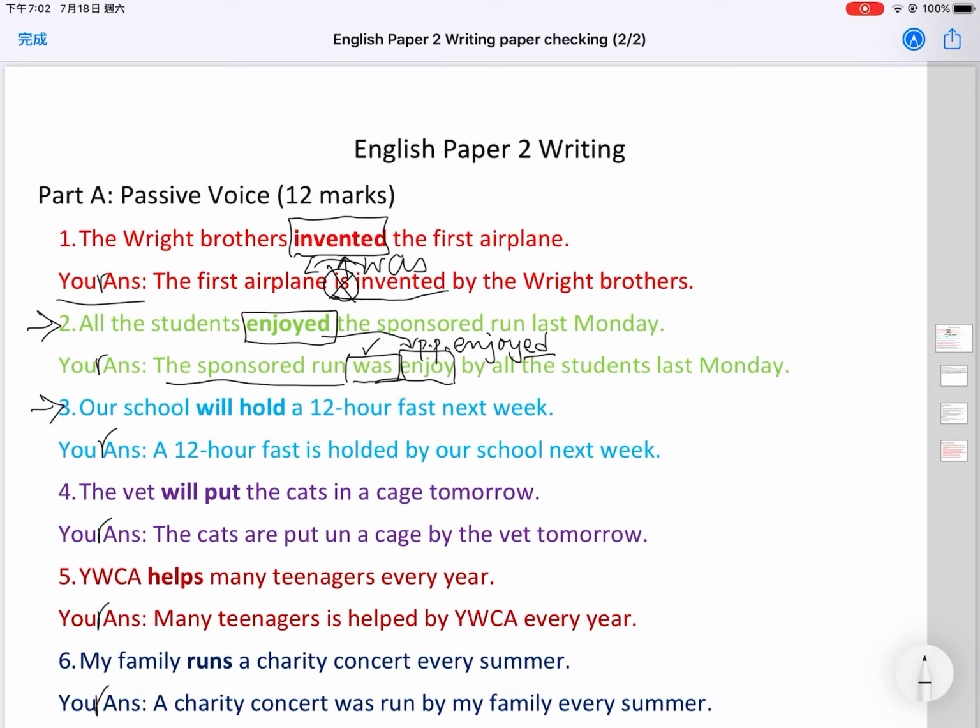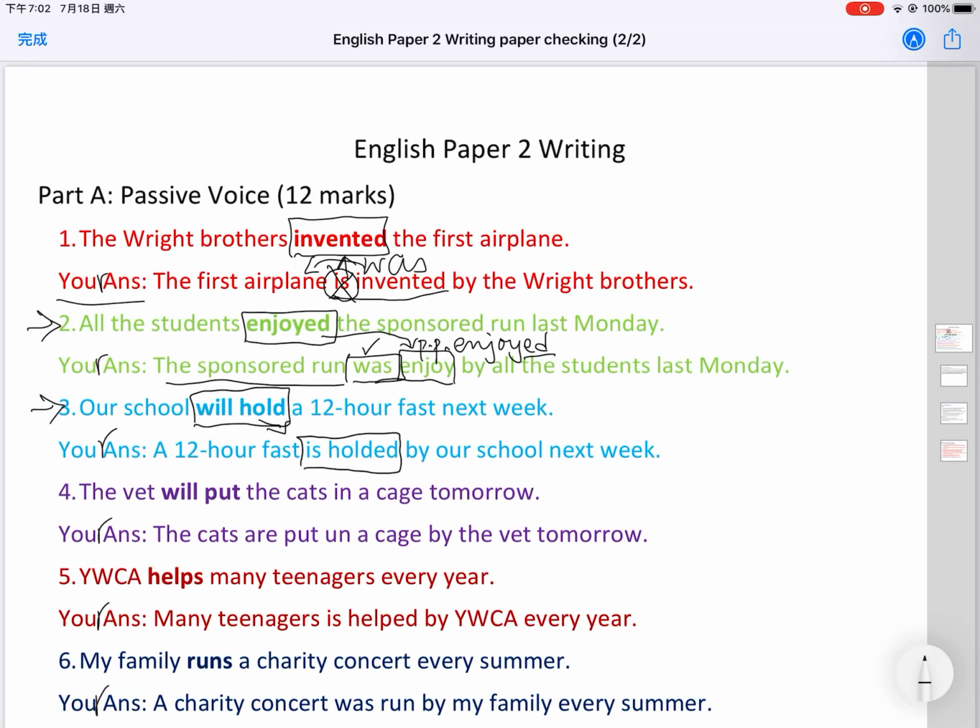Now question 3, our school will hold a 12-hour fast next week. Will hold. Ask yourself, what tense is that? I know, it's future tense, right? So when you change the active voice of future tense to passive voice, you should keep the tense. You should not change the tense at all. So your answer, you wrote a 12-hour fast is holded by our school next week.